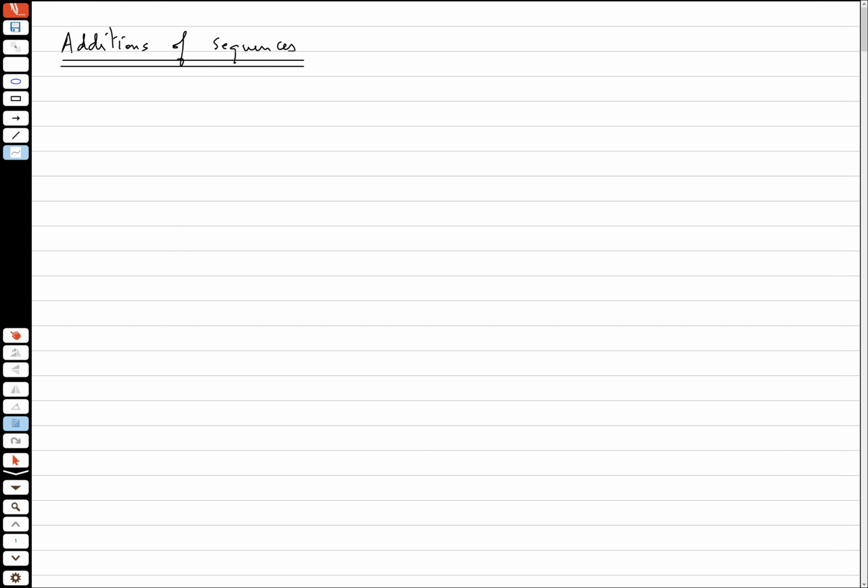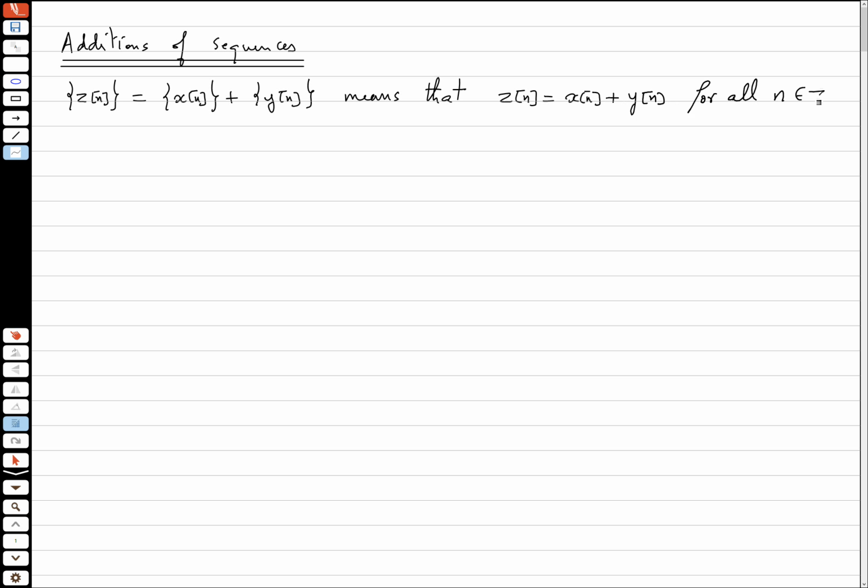So if we write that z of n is equal to x of n plus y of n, this means that z of n is equal to x of n plus y of n for all n, or for every n.